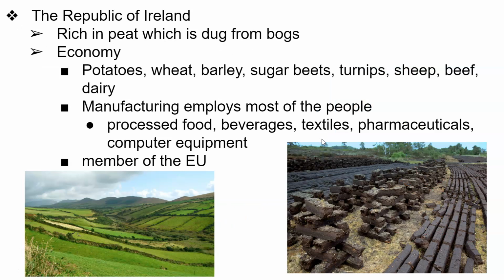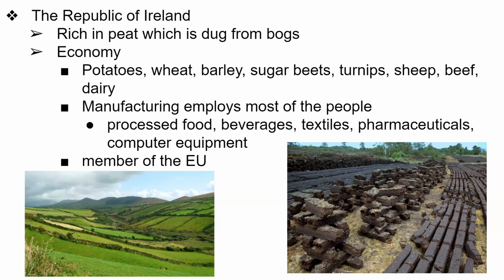All right, let's shift gears and talk about the Republic of Ireland. So Ireland is very rich in peat, which is dug from bogs and can be used for a variety of different things, including making and distilling partially into alcohol. The economy is largely based on agriculture, very different than the UK.